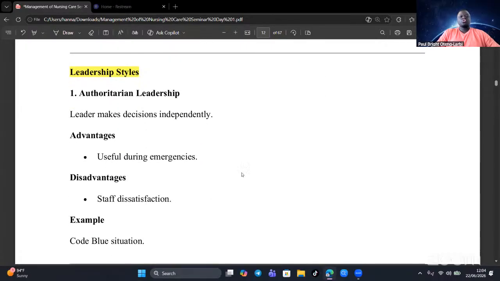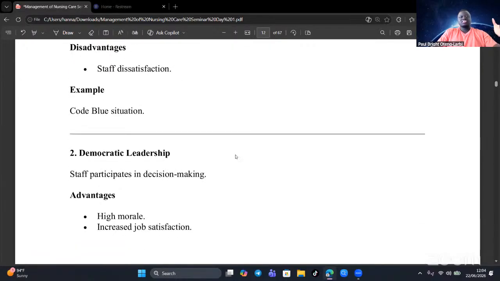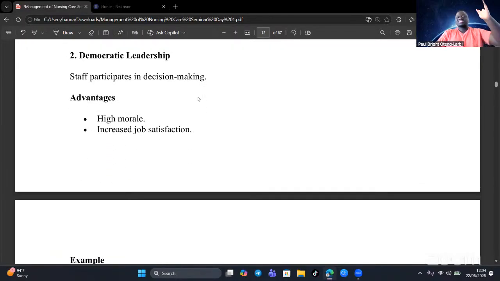So these are the leadership styles we have. Those leaders who are always motivating us, how do they motivate us? Some of them will use autocratic, authoritarian ways. Some will use the democratic way. I'm just skipping because we know this already.